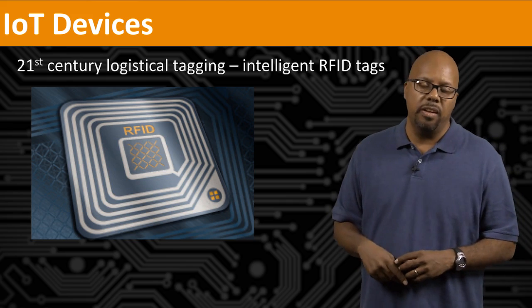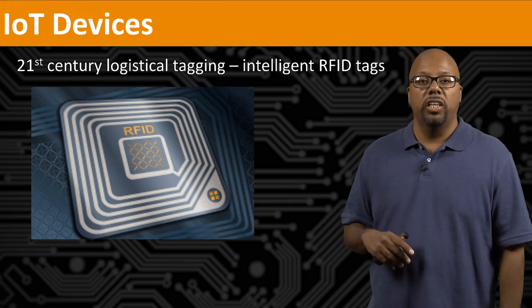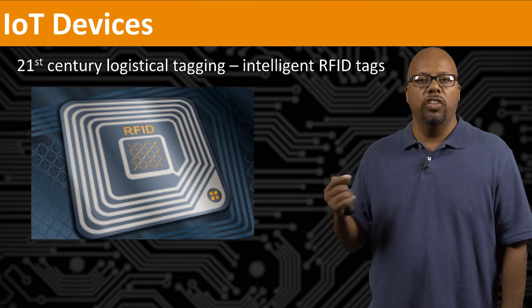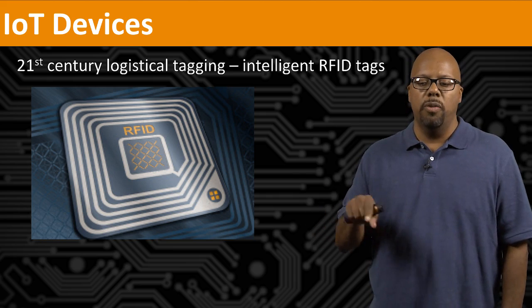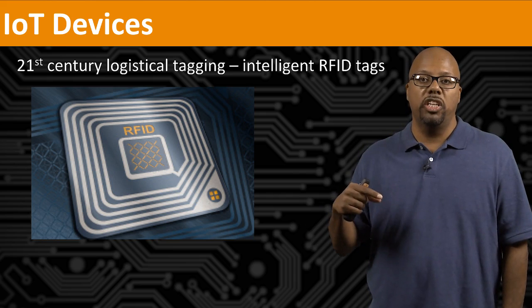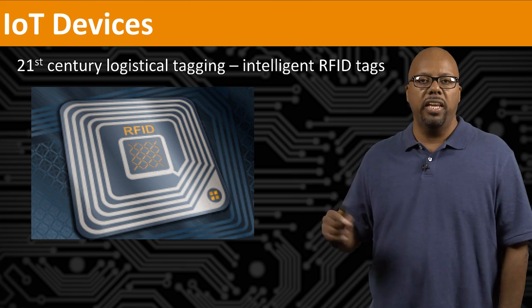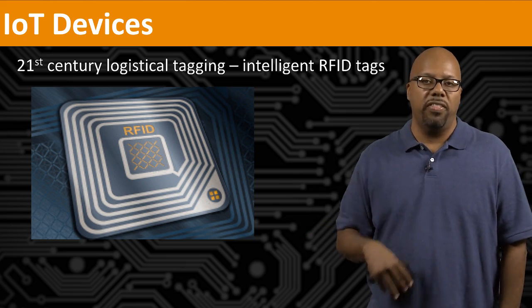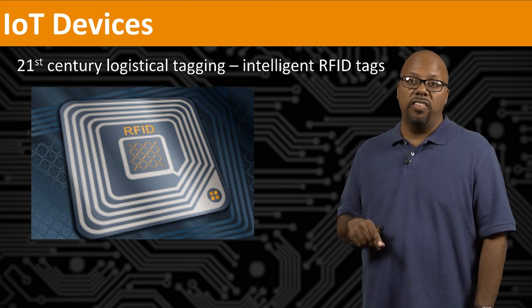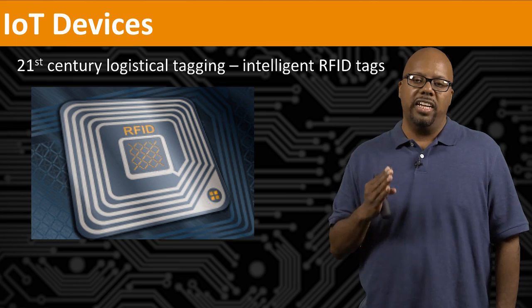With an RFID tag, that thing can have flash memory in there that actually gets changed and updated over time. So for instance, if you want to track where a box moved, its RFID tag can store that information over time. As it moves from place to place, you can store that and see the whole path that the box took. Another benefit is that you don't have to be right next to them to scan them.